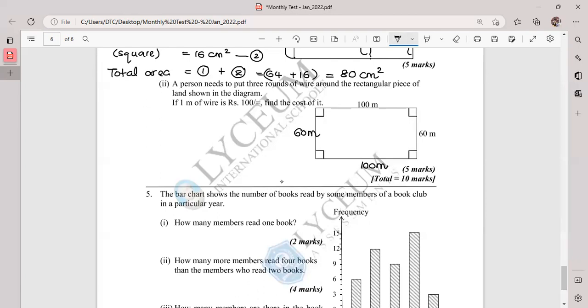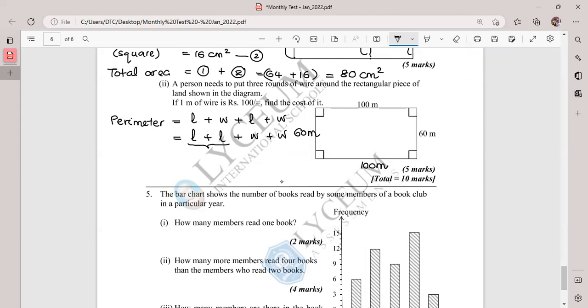So how do you find the perimeter? Can you remember how to find the perimeter of a rectangle? You add length, then you have W, width, again length, again W. Can you remember what we did? The length and length you write closer and W you write closer.